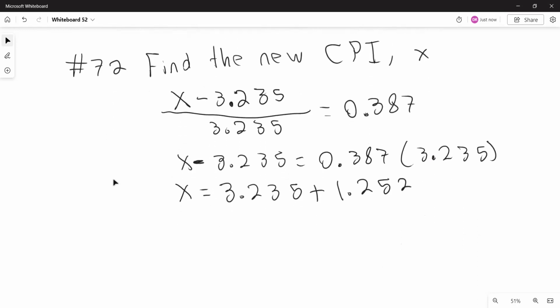And at the end, the CPI in 2015 is 4.487. So this is the consumer price index in 2015.